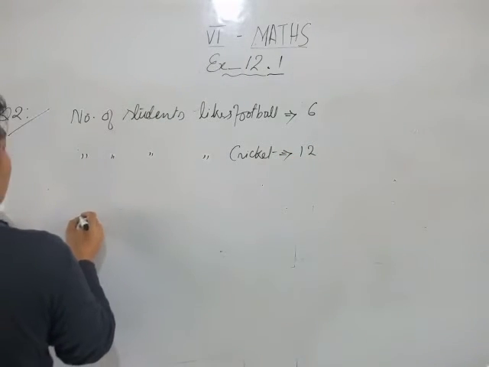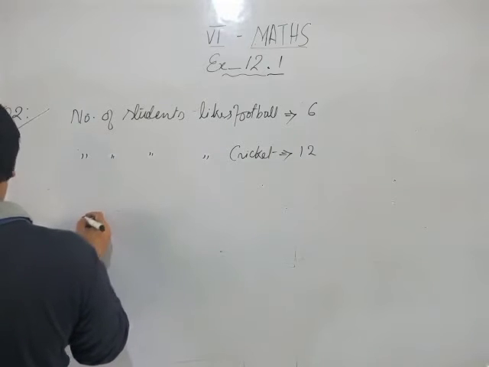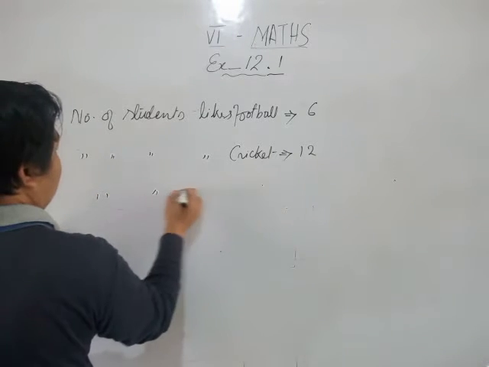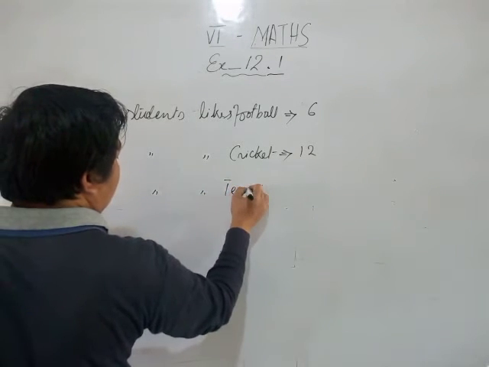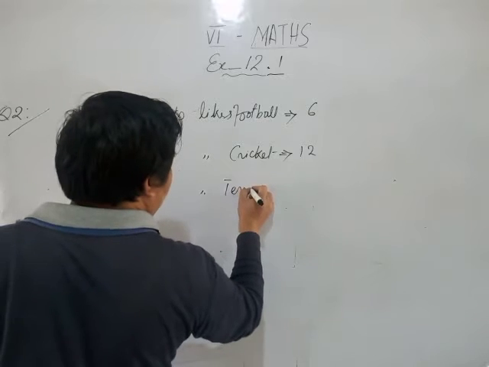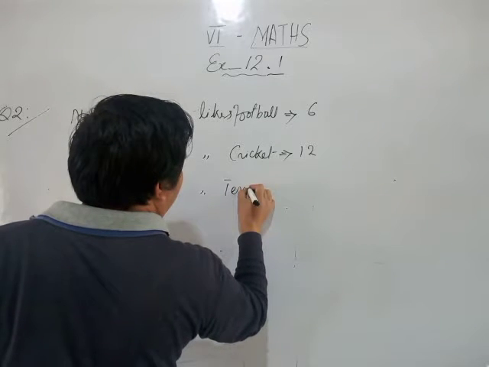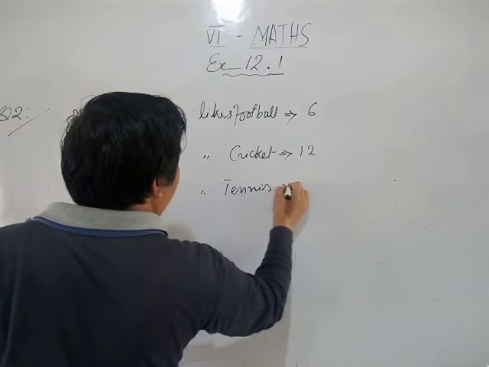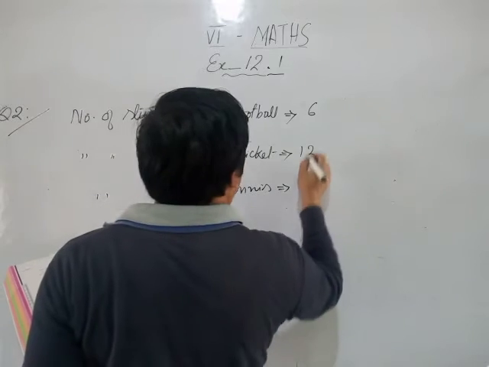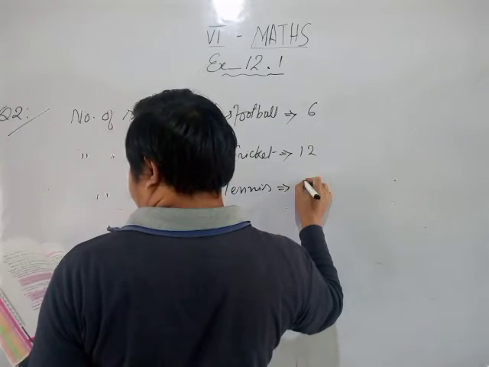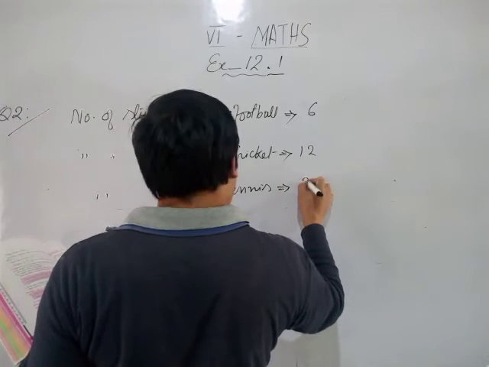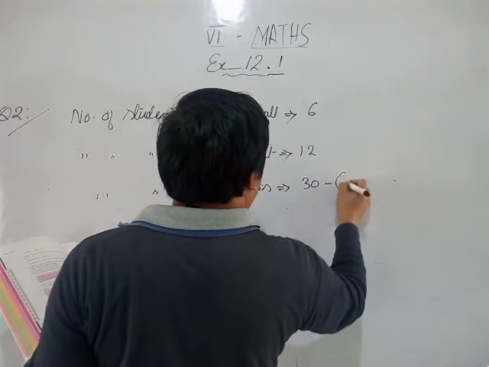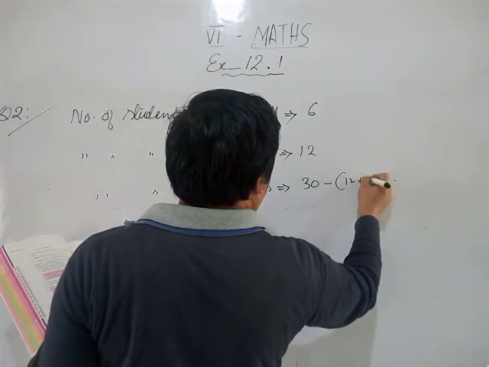And the number of students who like tennis will be the total number of students, which is 30, minus 12 plus 6.